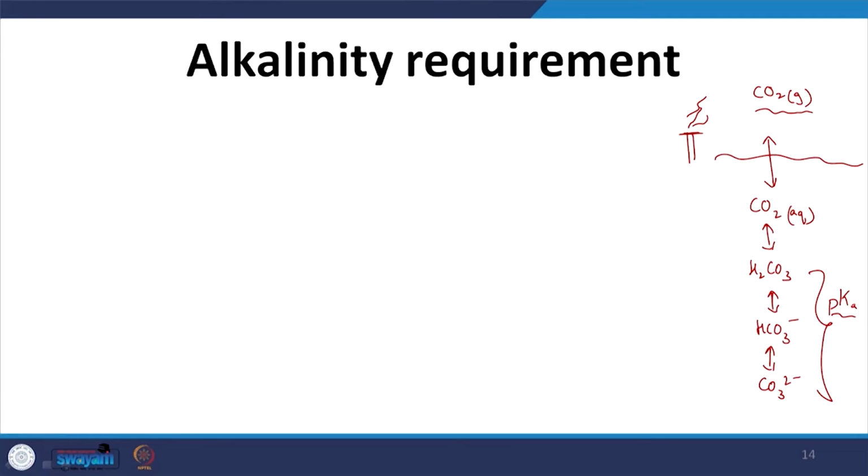So, why I mention this is, in general in the water we will have HCO3 minus and CO3 2 minus, and also due to the lime deposits and such, the deposits will act as a source of CO3 2 minus.